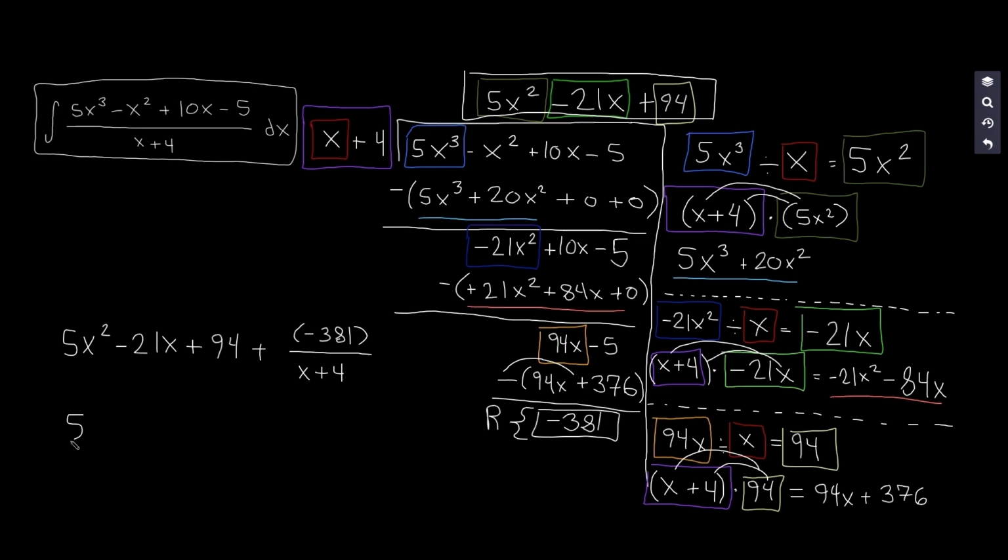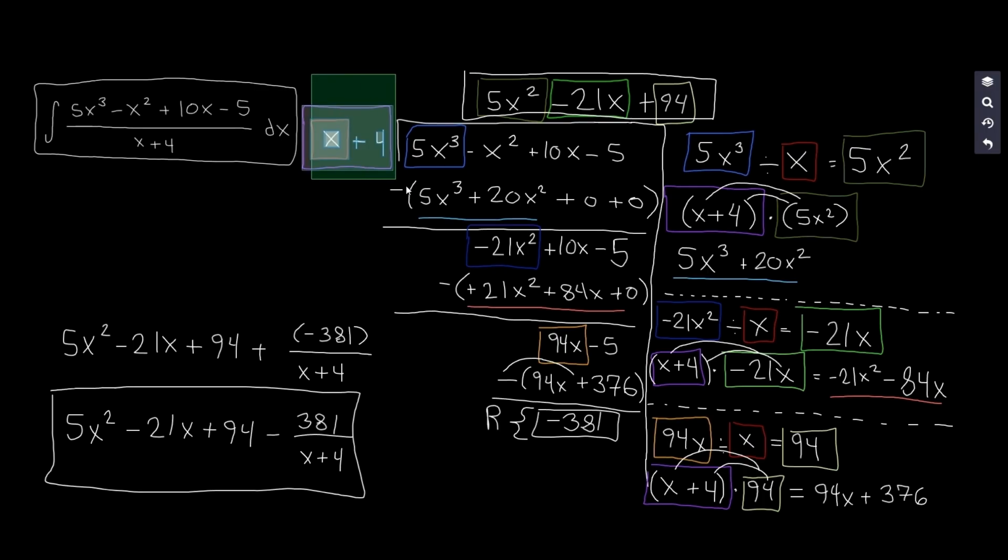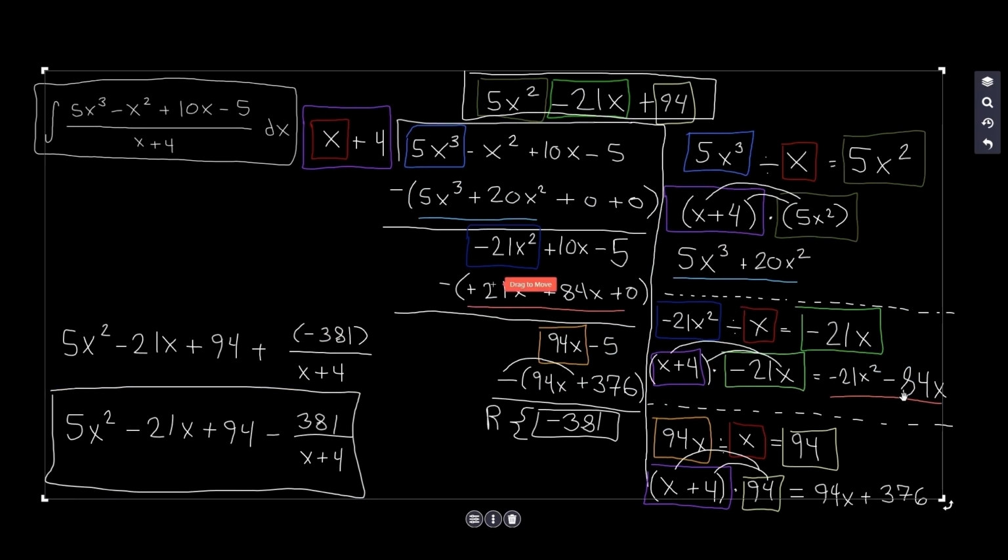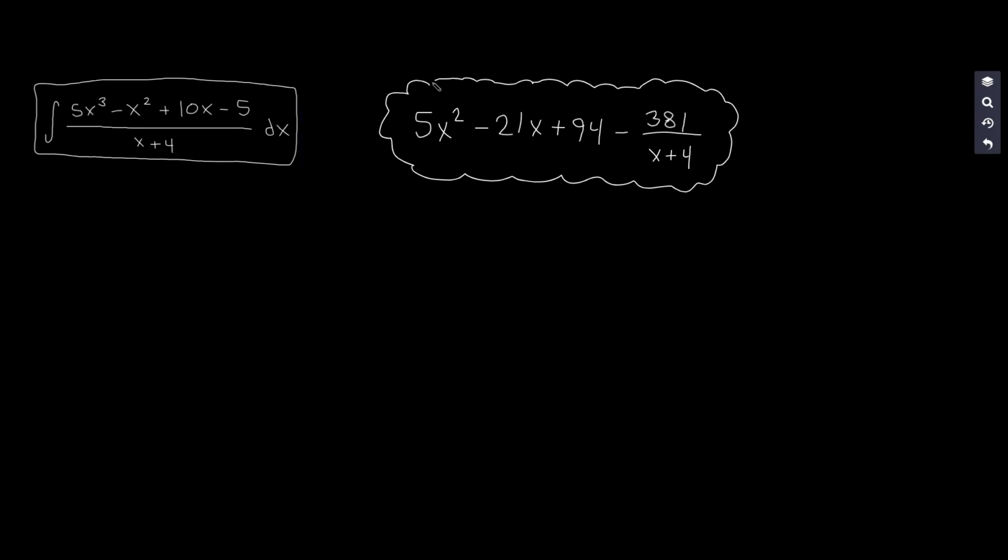However, this can be simplified to 5x squared minus 21x plus 94 minus 381 over x plus 4. What we'll do now is make room, because we got what we need. It's in a cloud. What we'll do is throw this into the integrand. So this is what we have now. It looks a little bit different.